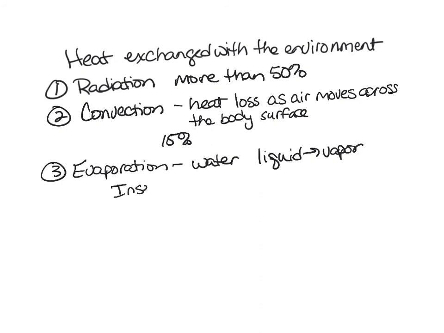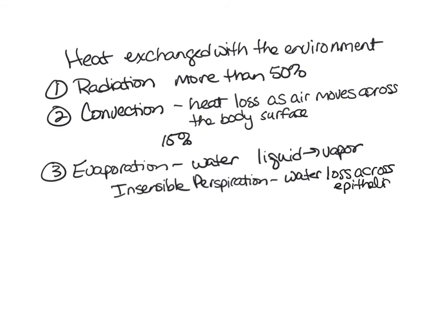There's insensible perspiration, and this is water loss across the epithelia, or in other words, across your skin. This is a constant type of perspiration. About 20 to 25 mils per hour are lost this way.